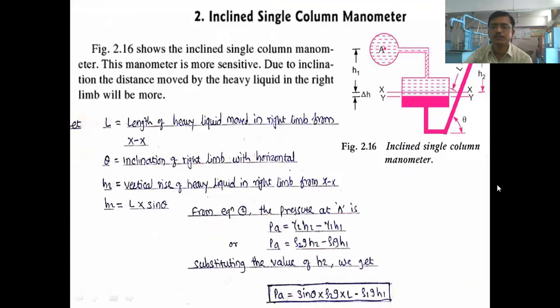Vertical and inclined, this second type they have invented, the inclined single column manometer. Was it necessary? What was the need behind this? Can anyone tell? Logical answer. On the screen, the answer is there. You can read it and you can manipulate that answer in your own ways.